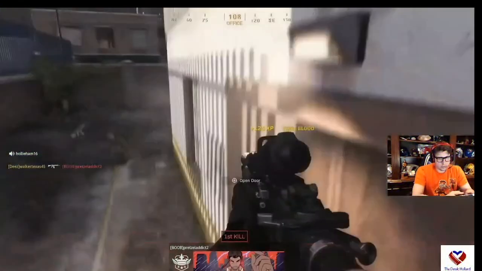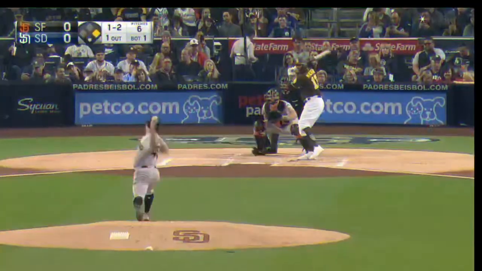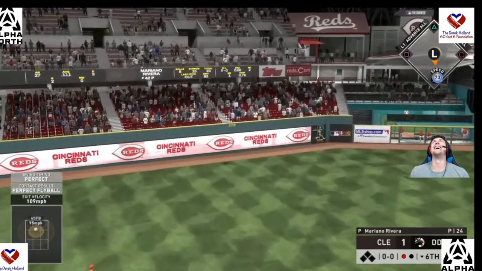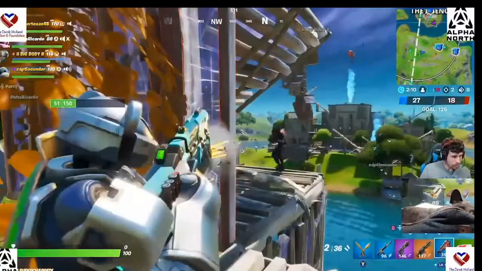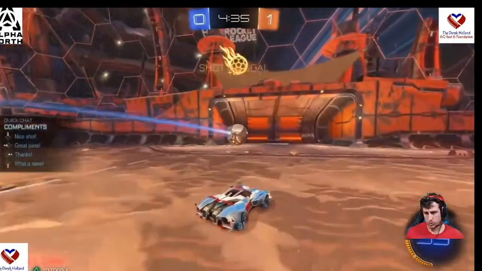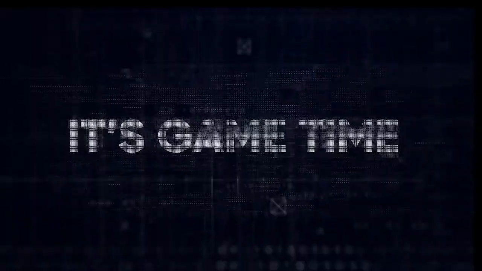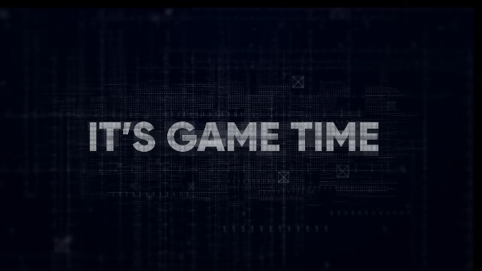Swinging. Very common. Swinging. Very common.